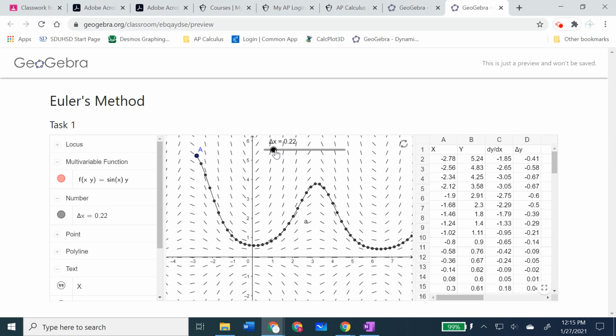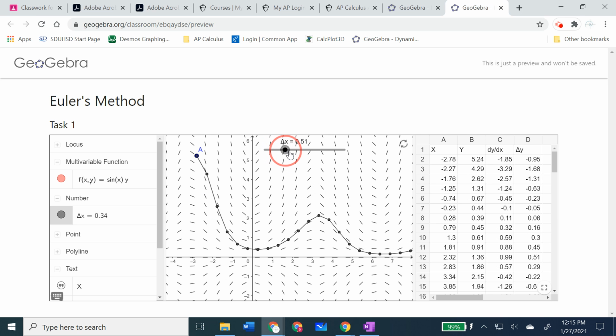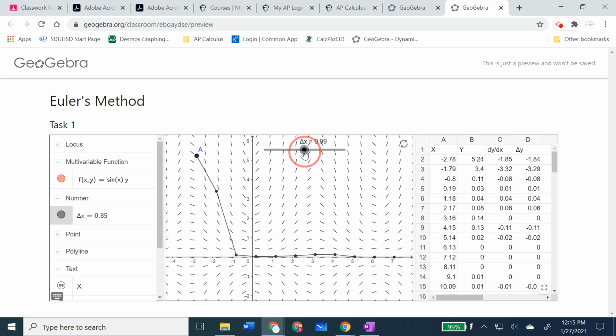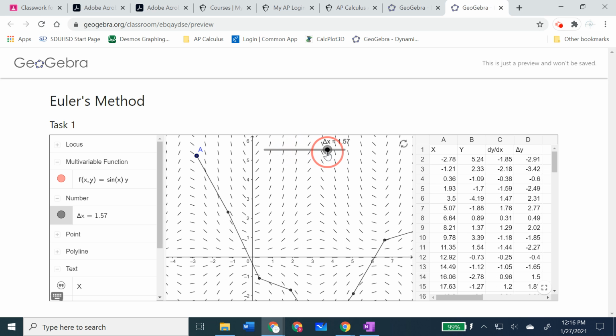Delta x is the horizontal distance between any 2 points. And what I'm looking at is a solution curve in my slope field. Now, if my step size, if my horizontal distance is too big, I'm going to get an awkward looking solution curve.